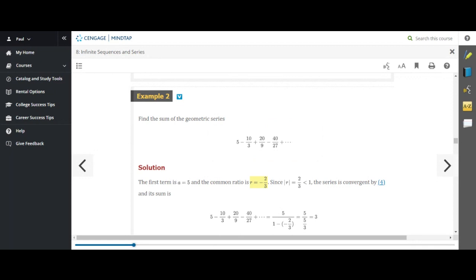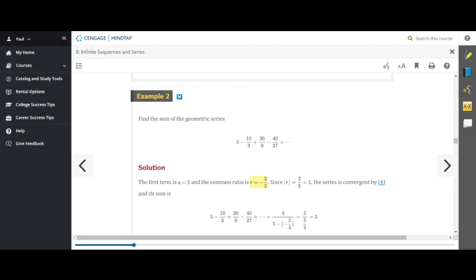5 times what fraction equals negative 10/3? 5 times negative 2/3 equals negative 10/3. So if you take the first term of the series, 5, and multiply it by negative 2/3, you get the second term, negative 10/3.